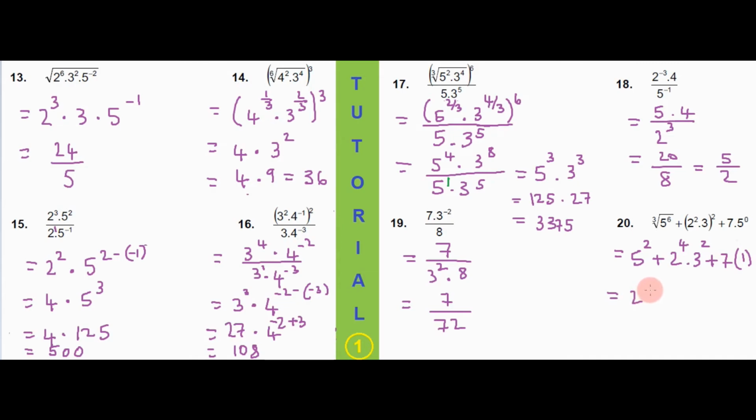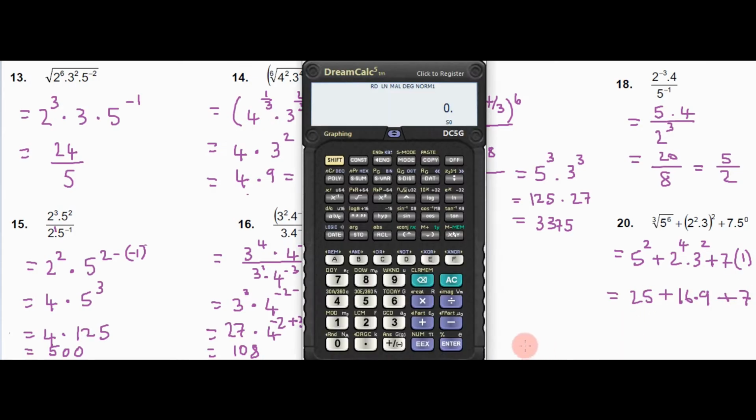So that's 25. 2 to the 4 is 16 times 9. And we can do this on a calculator. 25 plus 144, 16 times 9 being 144, plus 7. And this is 176.